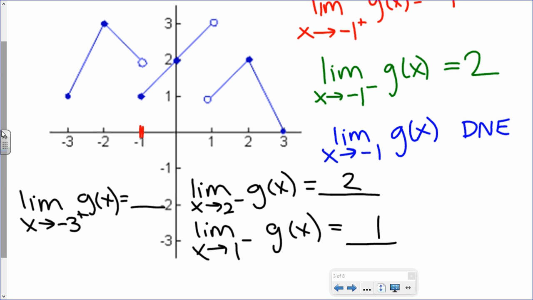What does this negative superscript mean? From the left. Here is 1. There's nothing on the left side.